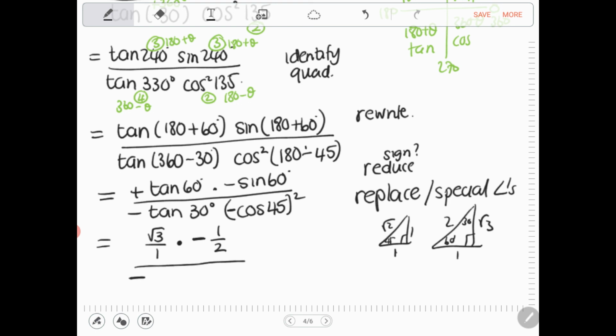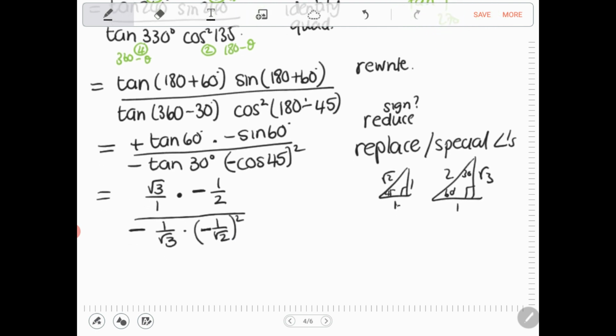I've got negative tan of 30, opposite 1, adjacent root 3. And then we have negative cos of 45, adjacent over hypotenuse, squared. And we're going to finish with our simplification, with algebra, or in this case really arithmetic.